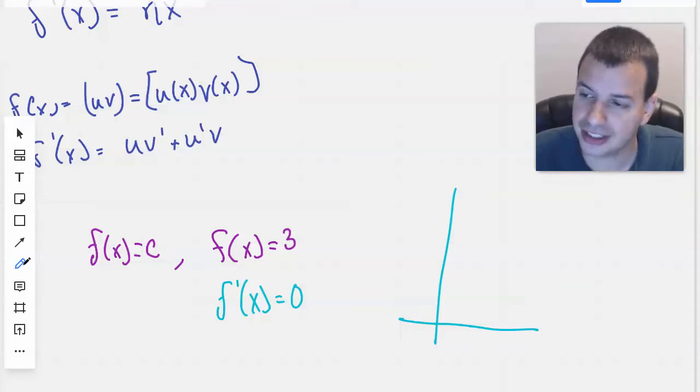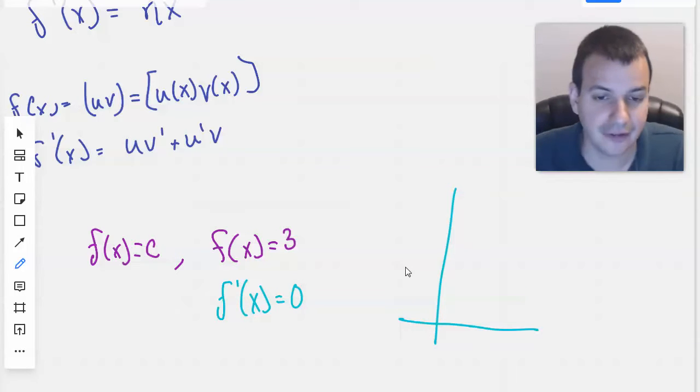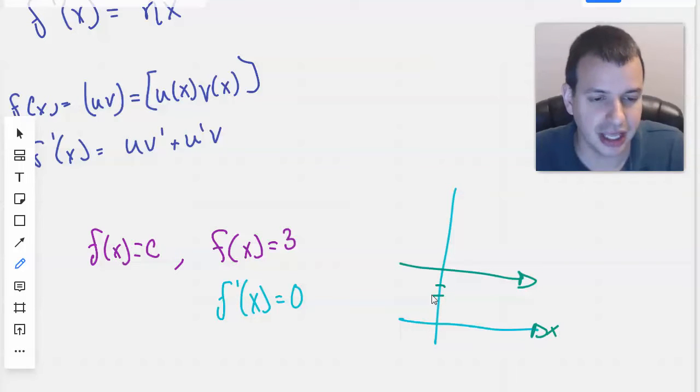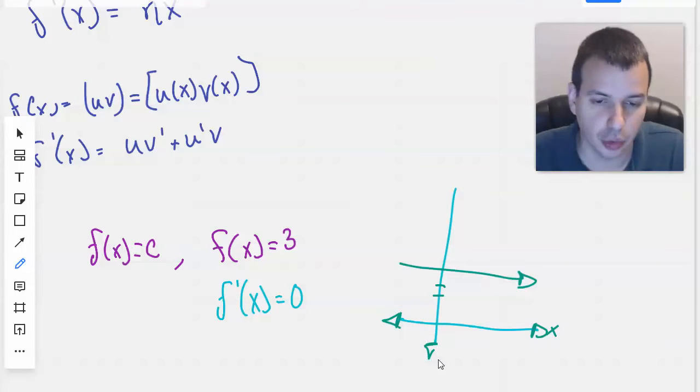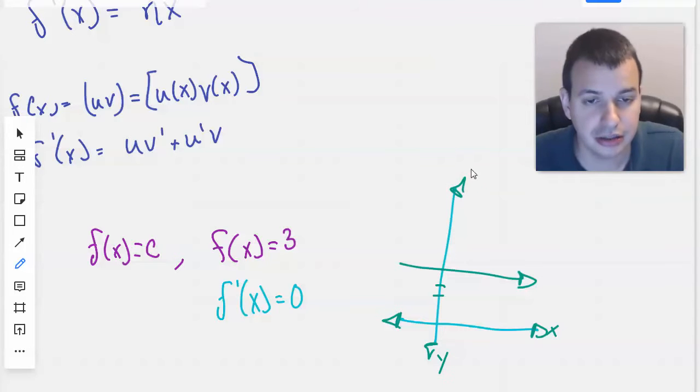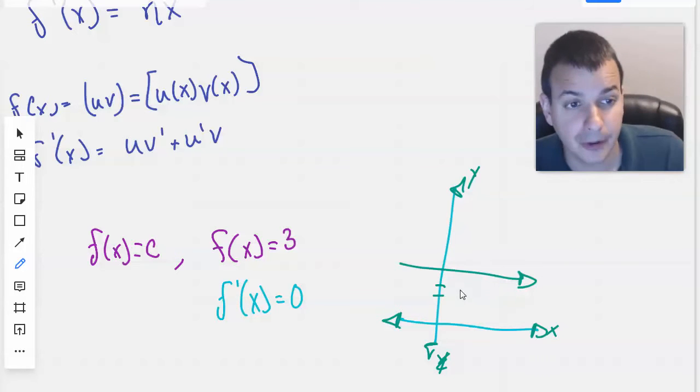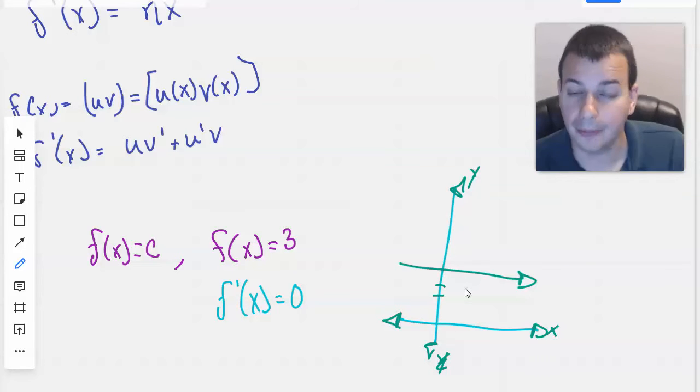So the way I like to see that is, let's say this is 3, so that'd be 1, 2, this would be the x-axis, this would be the y-axis. This is f of x equals 3, well the derivative is just the slope.